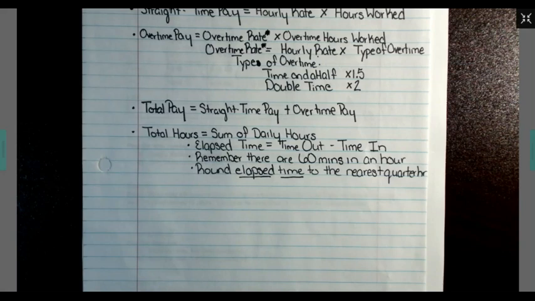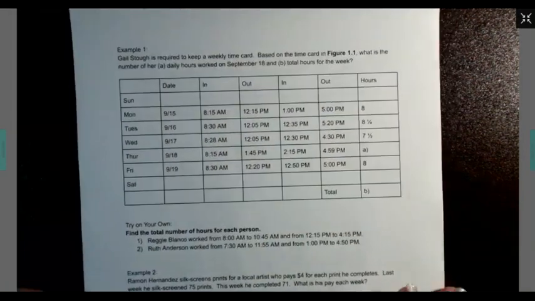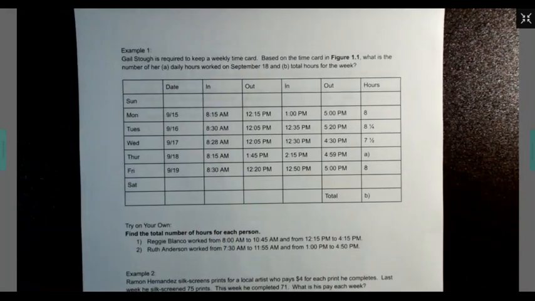We're going to dive in and get started on example number 1. You should have received a sheet that looks similar to this. Now, I'm going to get out another piece of paper because I might want to do some side work as I'm going through these problems, and I don't want this page to get all messy.